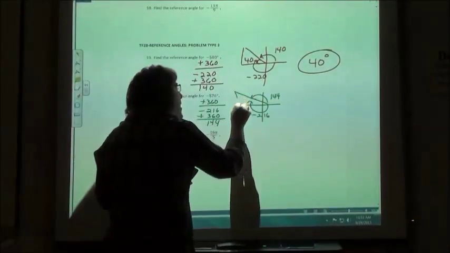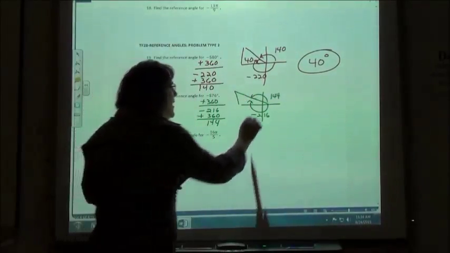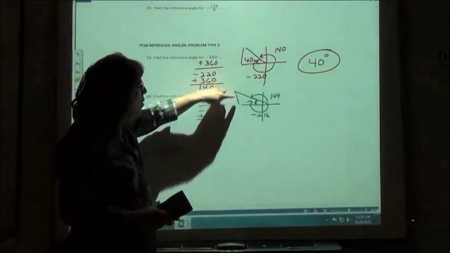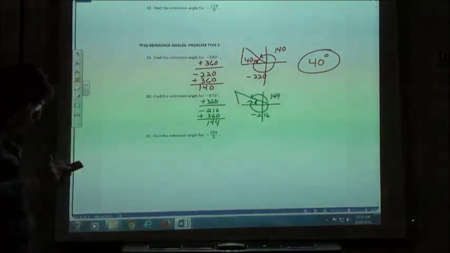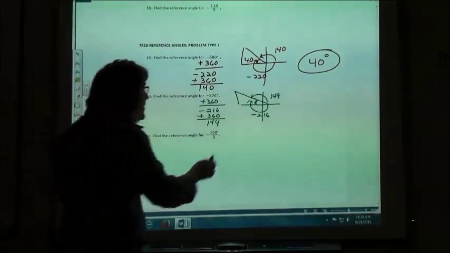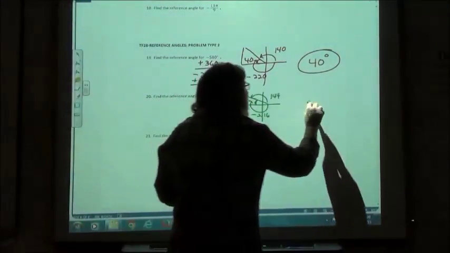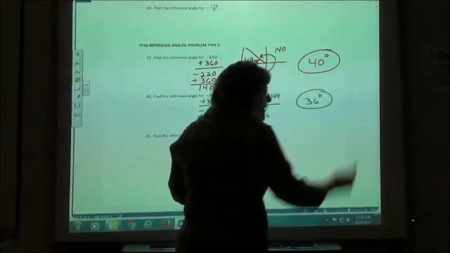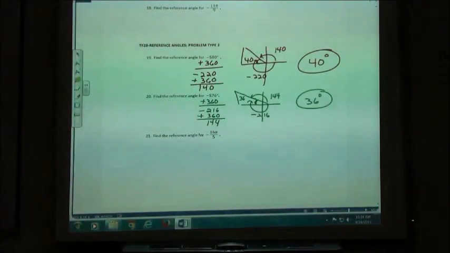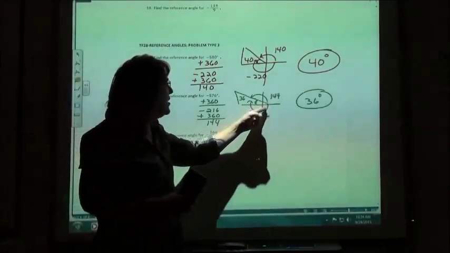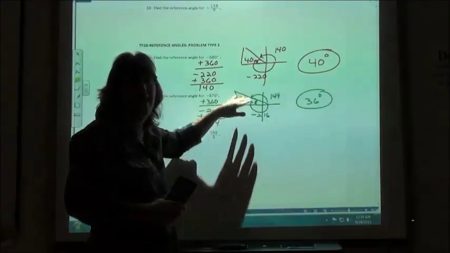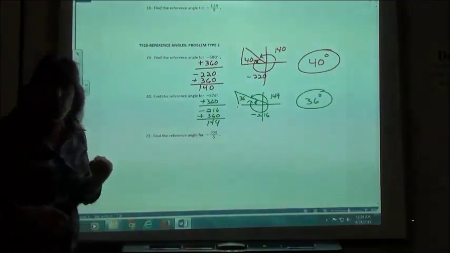In either case, my line ends up something like that, and I'm finding this angle right in here. If this is at 144 and I need to get down to the line, which is at 180, 180 minus 144 means that this angle in here would have to be 36 degrees, right? If I just stopped at the negative and knew this was 216, I could take 216 minus 180 and I'd end up with that same 36 degrees.